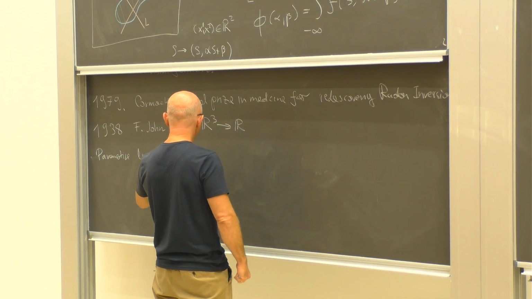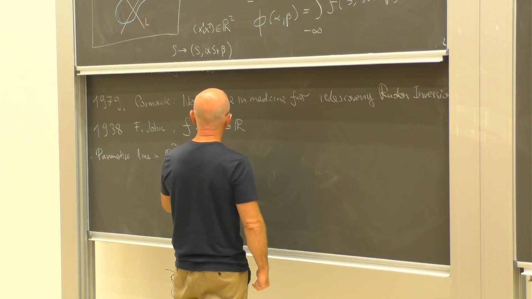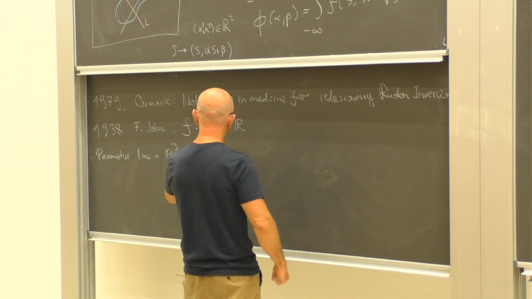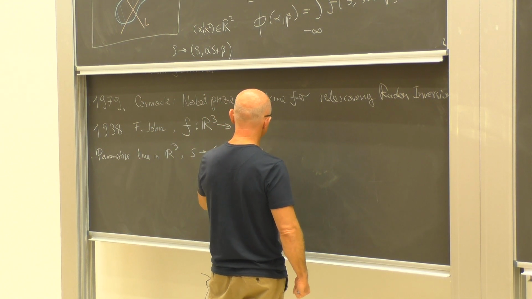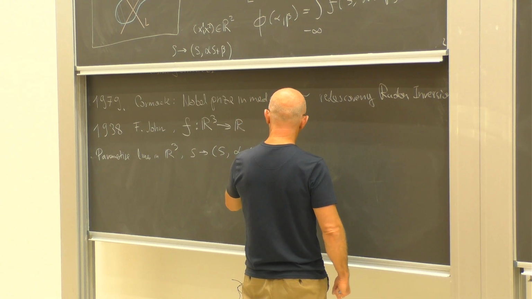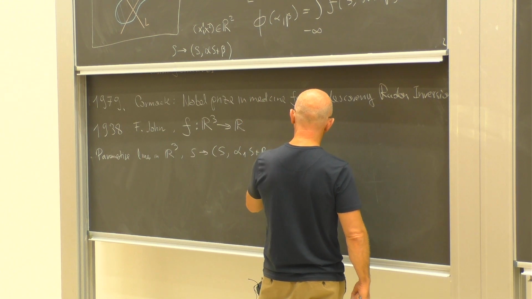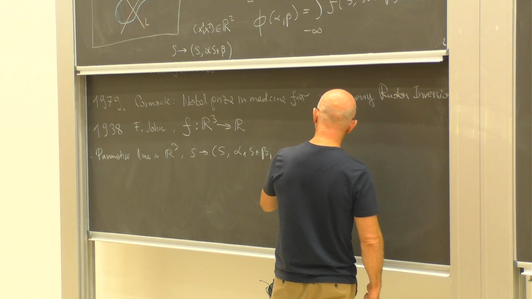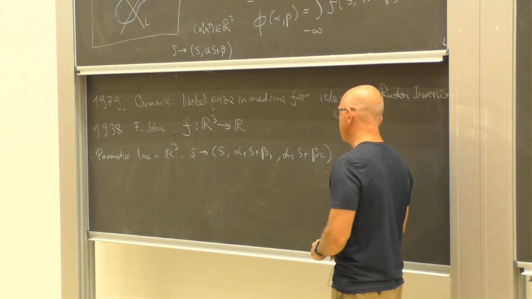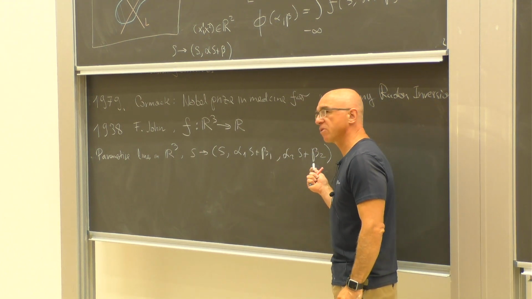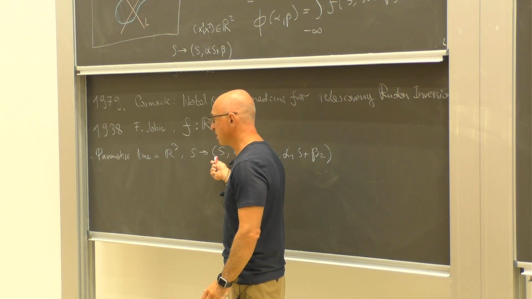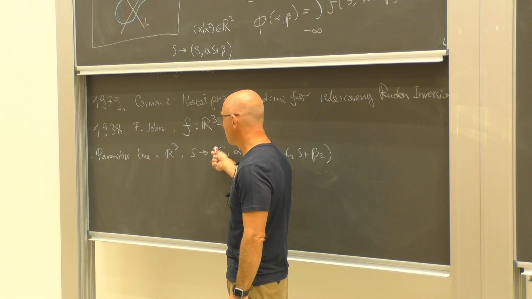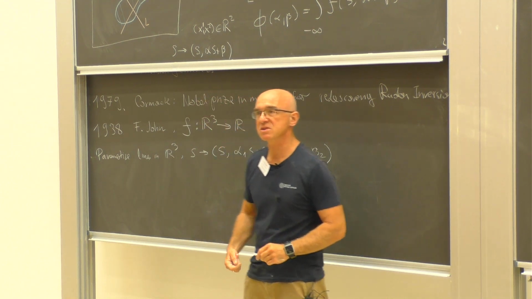So now s goes to (alpha 1 s plus beta 1, alpha 2 s plus beta 2). So I need 4 parameters for the line, and again I'm missing some lines. I'm missing the lines on which the x coordinate is constant.